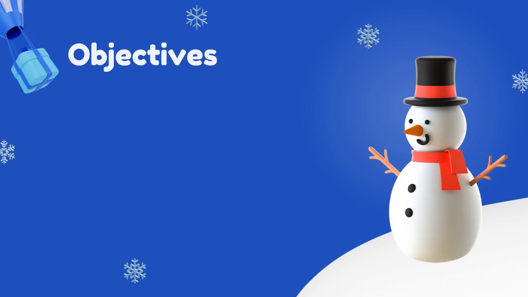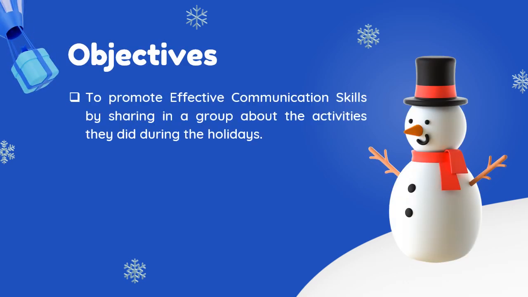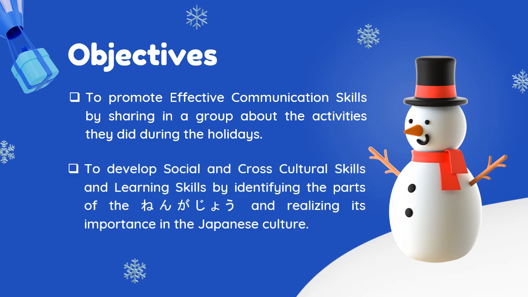In Session 4 of Topic 21, the students will be promoting effective communication skills by sharing in a group about the activities they did during the holidays. They will also develop social and cross-cultural skills and learning skills by identifying the parts of the Nenganjo and realizing its importance in the Japanese culture.